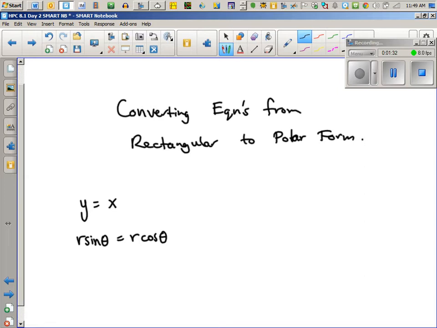Well, the tradition here is to solve for r, if possible. Normally you try to isolate r now. I don't think that's going to be real easy to do. Why don't we at least bring all the r terms to one side? So we'll just subtract everything over to one side, and maybe pull out an r.